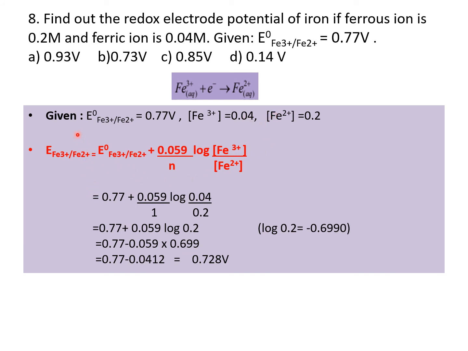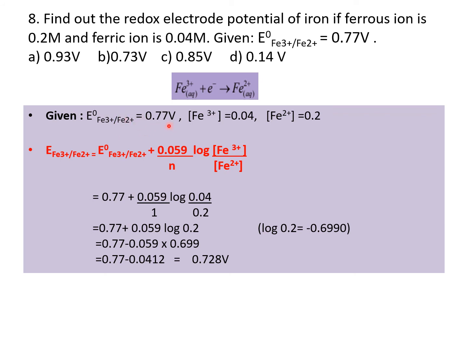What is the equation? This is the formula. Here Ecell will be there. The reduction takes place. The Ecell is the standard potential of this reduction, plus 0.059 divided by n, log Fe3+ by Fe2+. The n is the number of electrons. Here how many electrons are accepted? Only 1 electron. So in the n place we need to write 1. This is the cell potential.